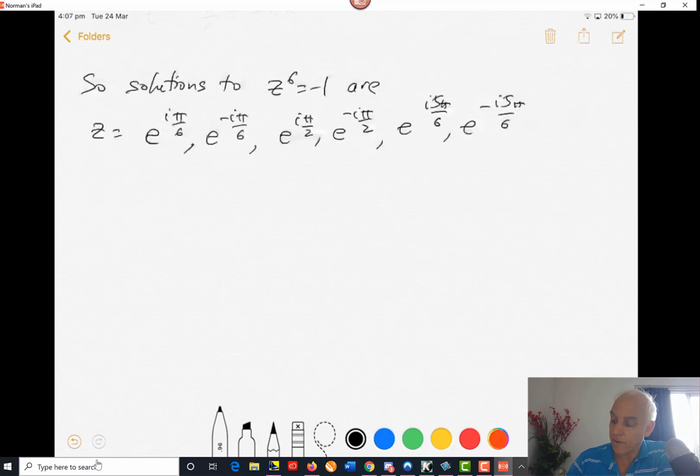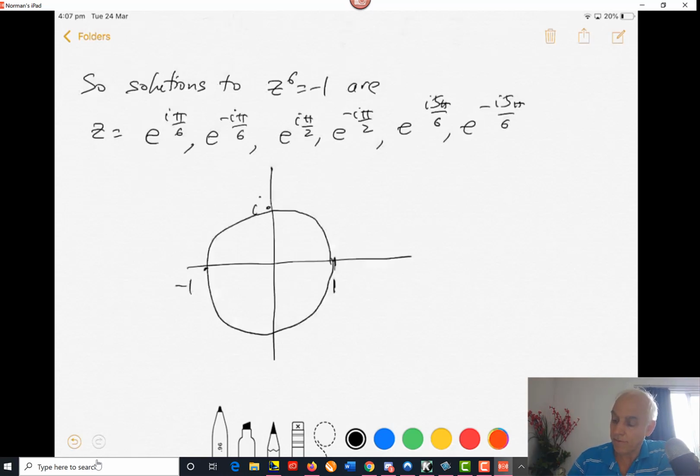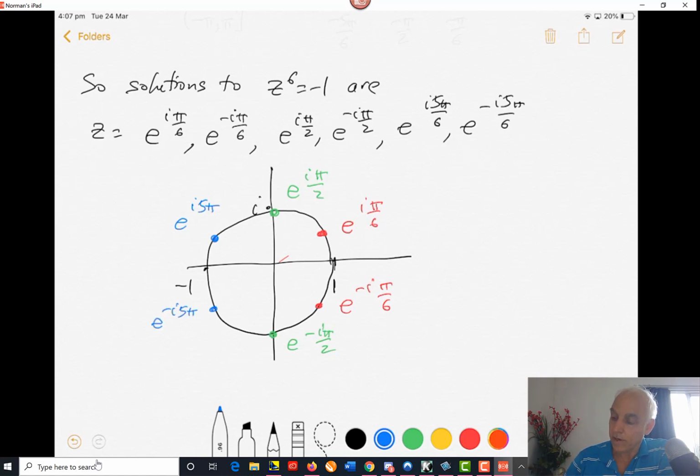And maybe in a different color, then we have e to the i pi on 2. There's e to the i pi on 2, there's its complex conjugate, e to the minus i pi on 2. And then there's e to the i 5 pi on 6, and its complex conjugate, e to the minus i 5 pi on 6.